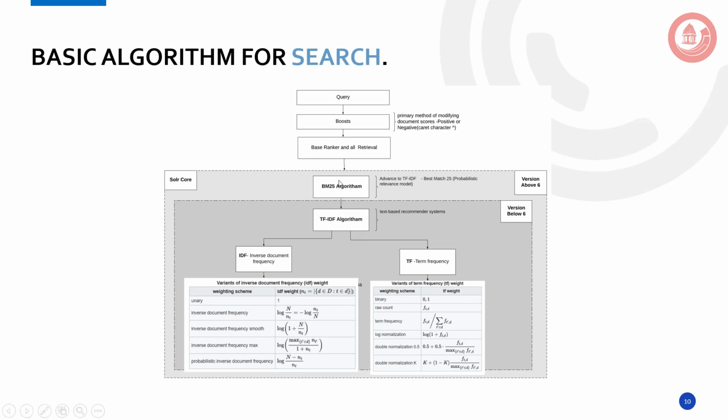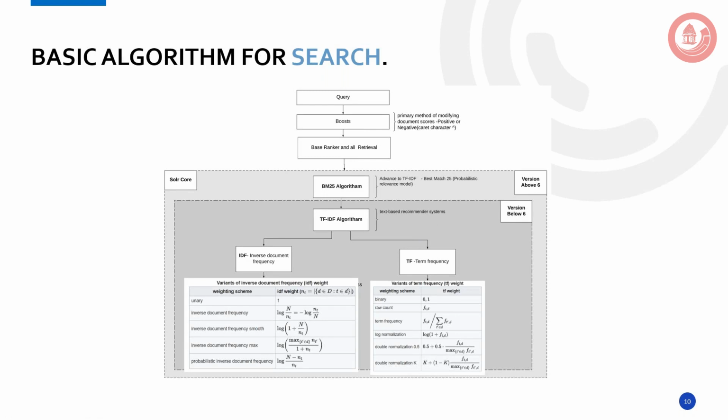I will discuss more about it in the practical when we do. When we do the query, the second option comes with boosting, where you can tune your sort algorithm. And then there's a base ranker. Now you can see I have divided it into two components.